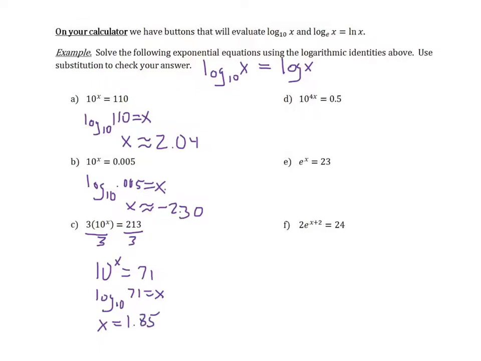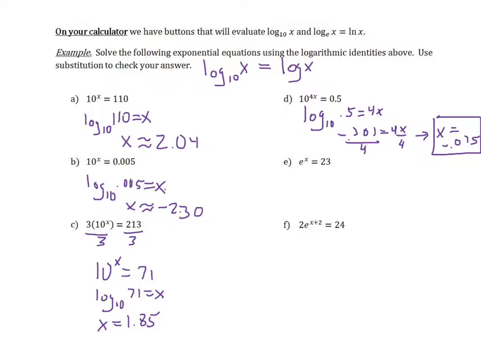So pause the video and try the next 3 here on your own, and then come back and see how you did. So for d here, we get log base 10 of 0.5 is 4x. Using our calculator, we get negative 0.301 equals 4x, and that we can finish off with a little dividing. So we have one more step after we take the logarithm in this case. And this is going to give us x equals negative 0.05.